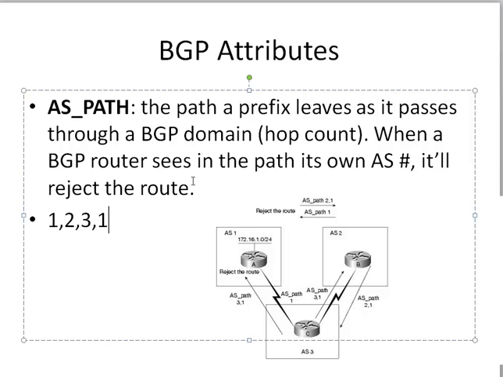If it sees that 1 again, a duplicate, it'll say to itself that it has seen itself in this path, so there's no reason to keep advertising it, because going 1, 2, 3, 1 is suboptimal. You're going to make more jumps than you have to in order to reach this particular network. So I'm just going to reject that route.